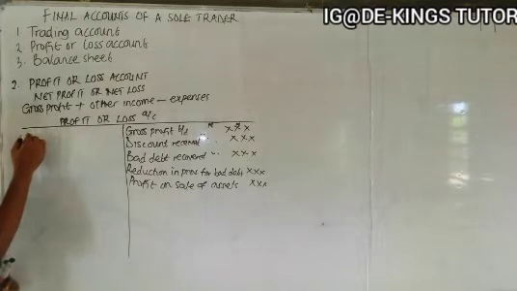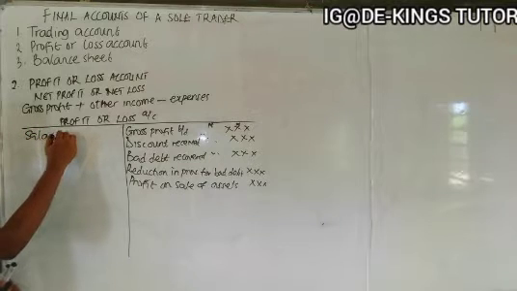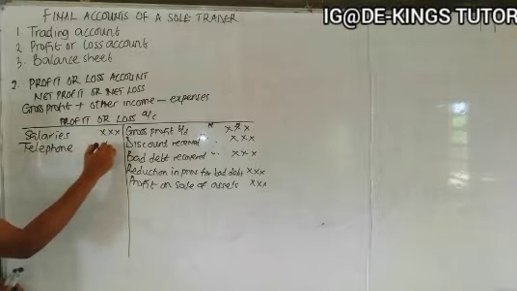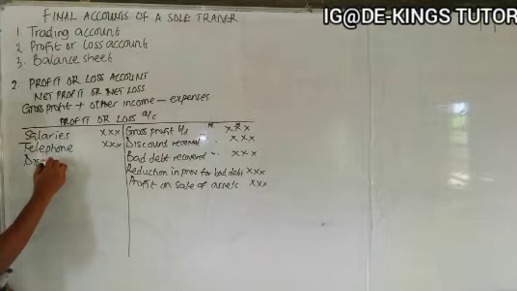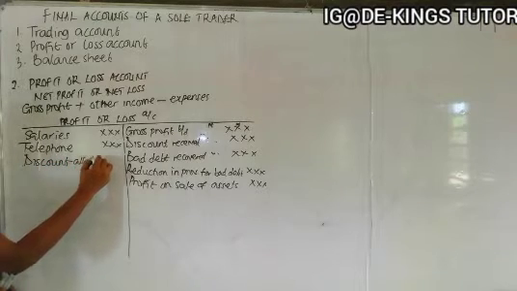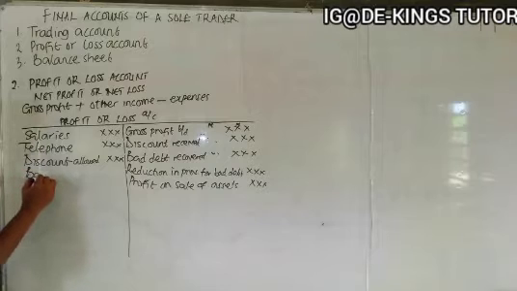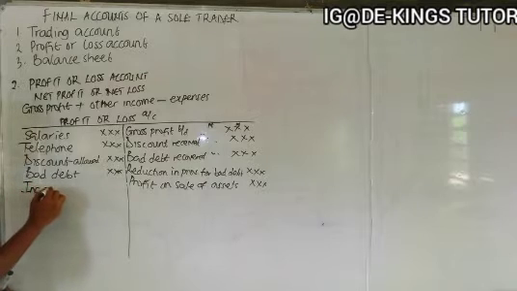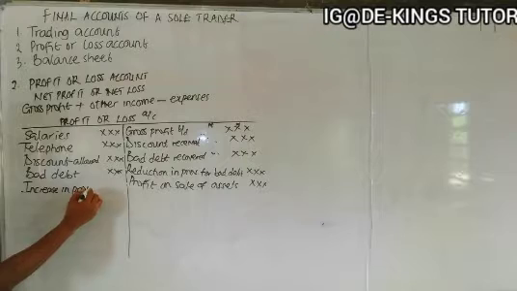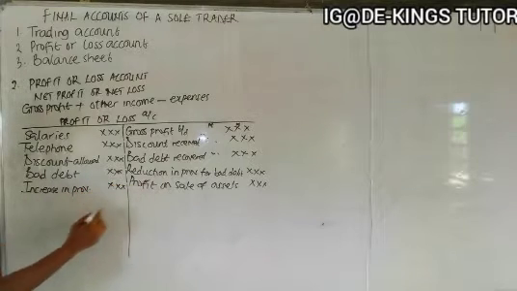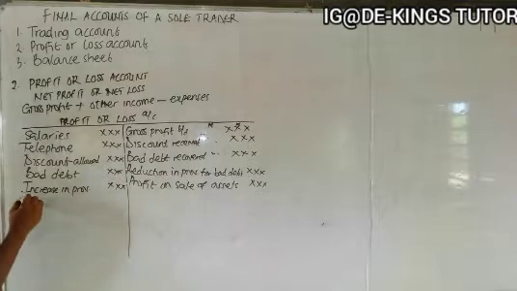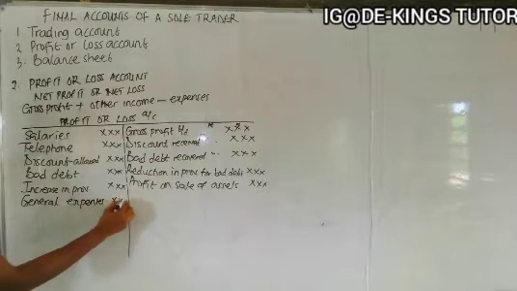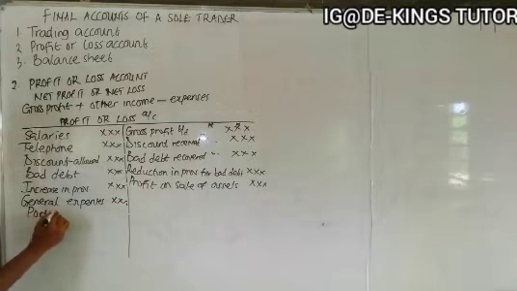Now, the expenses might be salaries, telephone charges, discount allowed, bad debt, increase in provision for bad debt, general expenses, postage.